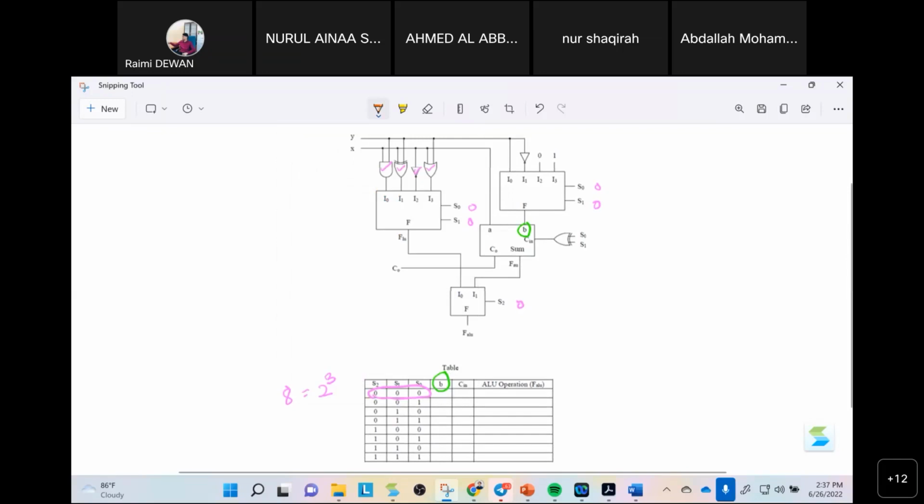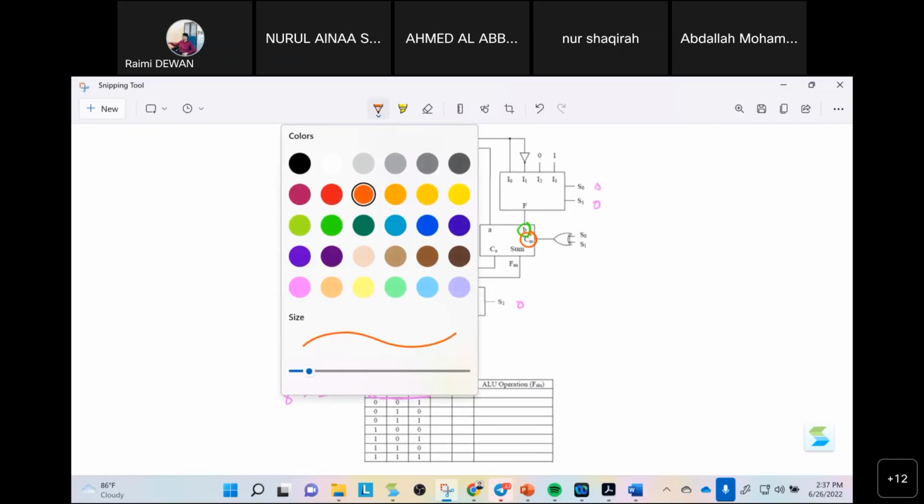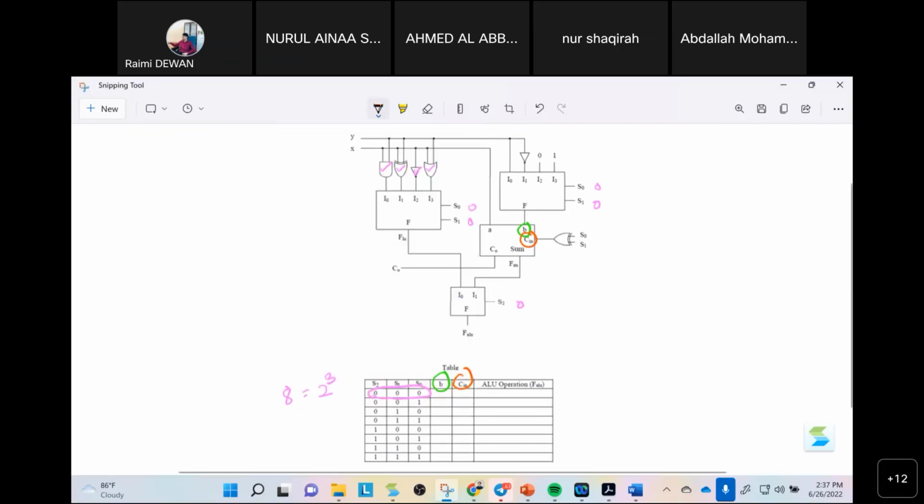And C in is here. Where is it? C in here. Okay, I do the operation, so I just go straightforward. So this is 0, 0, 0. So 0, 0, 0, 0 means it will take this one. And it will take this one. Am I correct? Okay. And then after that, it will take this one.